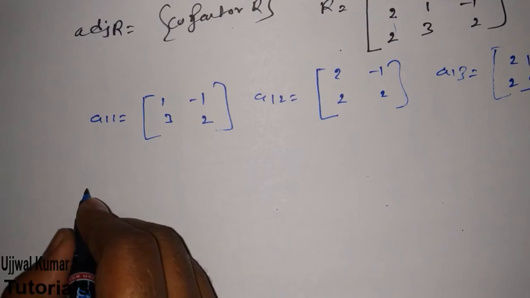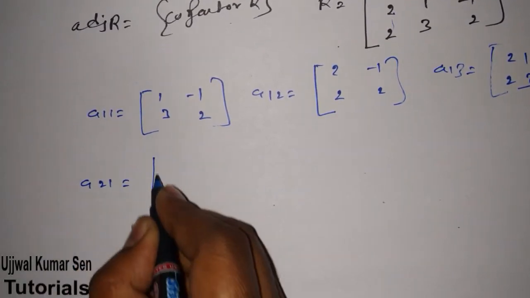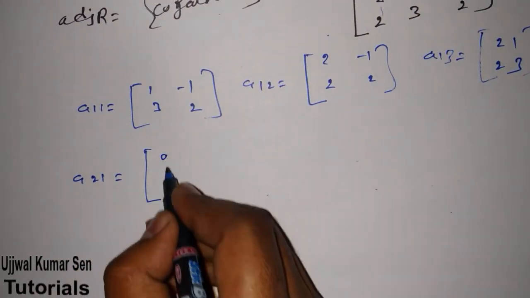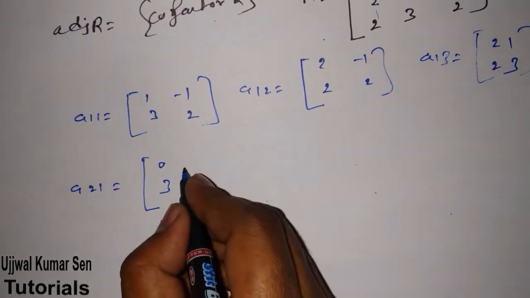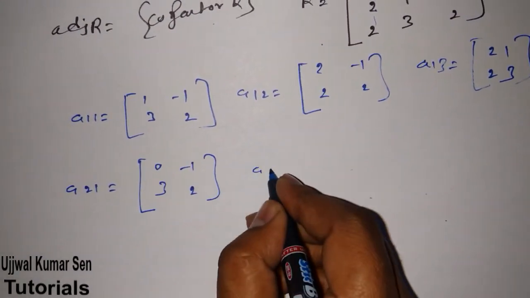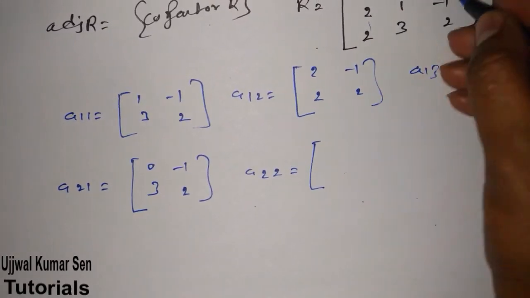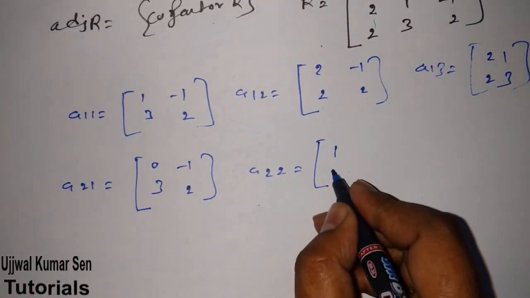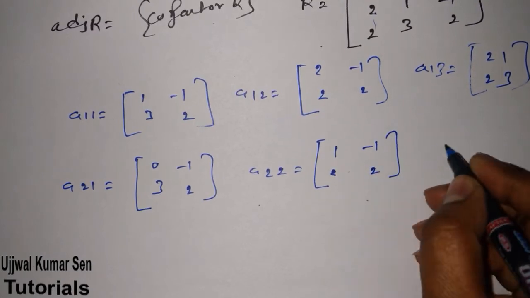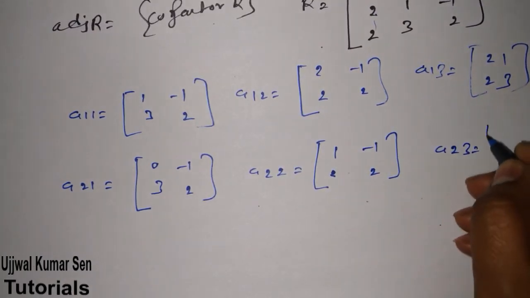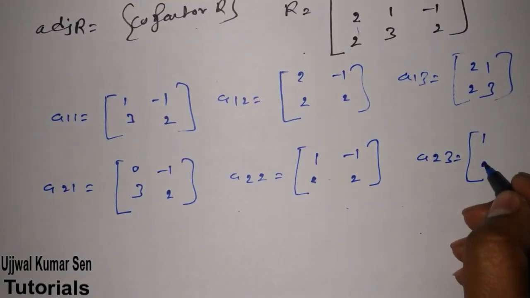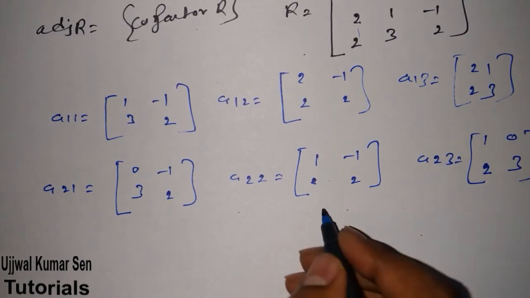Now let's move to the next one, 2 1, 0 3, minus 1 2. You need to understand the pattern: 1 2, minus 1 2, and then 2 3 is 1 2, 0 3, right?